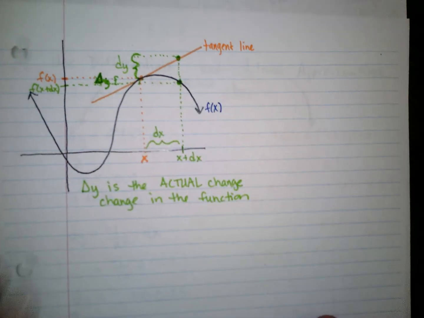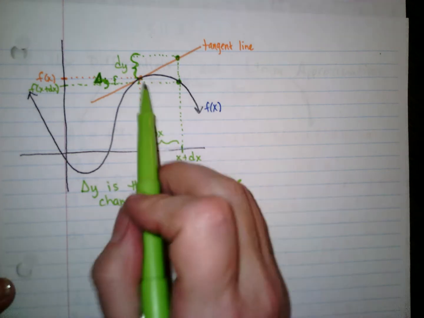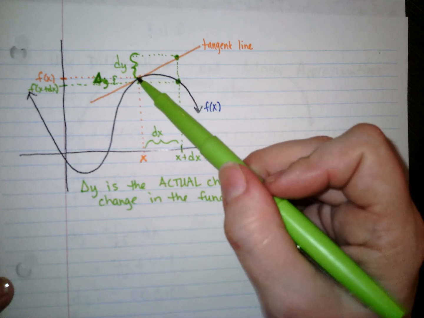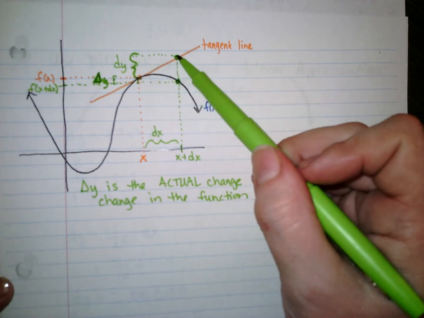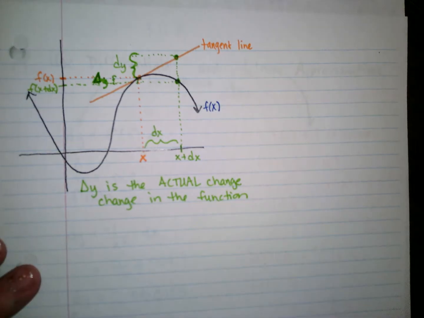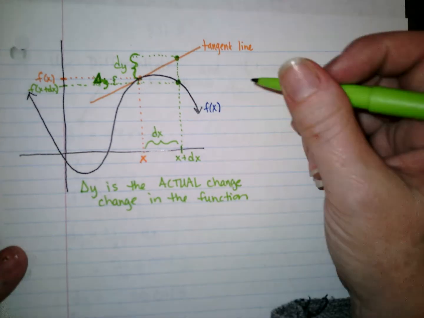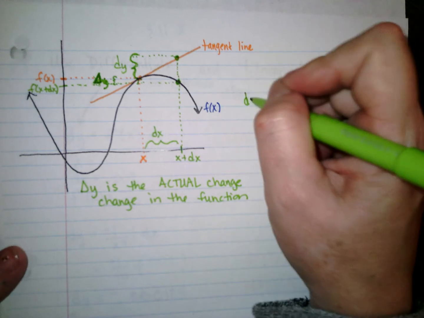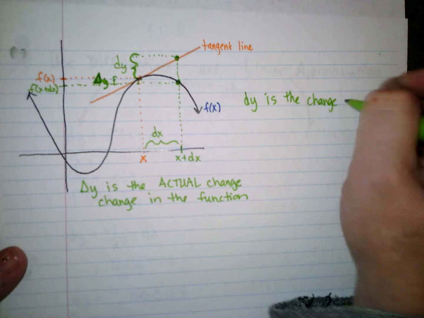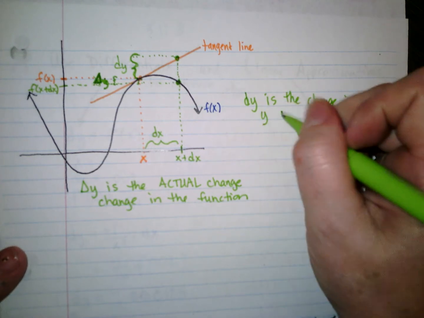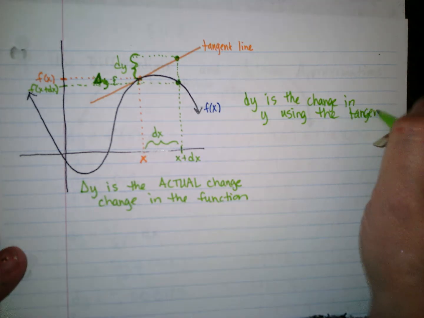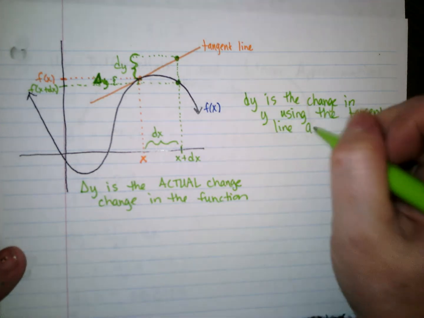So delta y is the actual change from this ordered pair on the function to this ordered pair on the function. Dy is the change in y along the tangent line between those two points. So dy is a lot different in value than delta y. So dy is the change in y using the tangent line approximation.